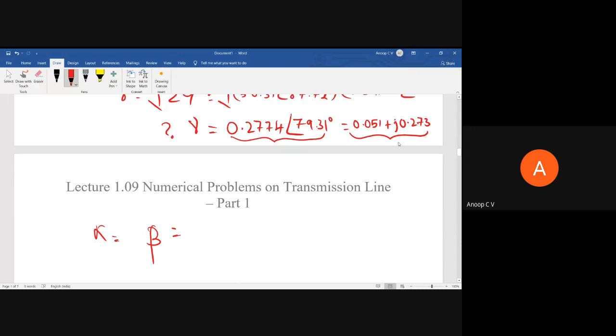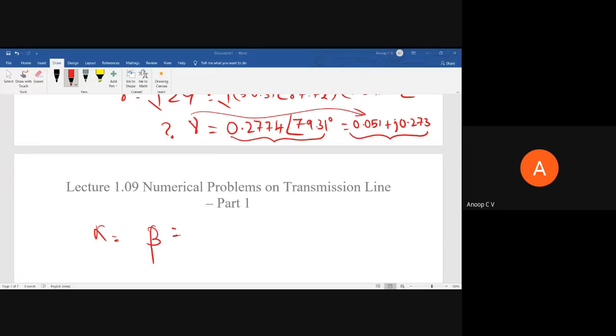All of you are able to see my screen. So this is gamma. Gamma's Cartesian form is this: 0.051 plus j 0.273. So now what is alpha? What is beta? I just need values. Don't have to give me the definition.